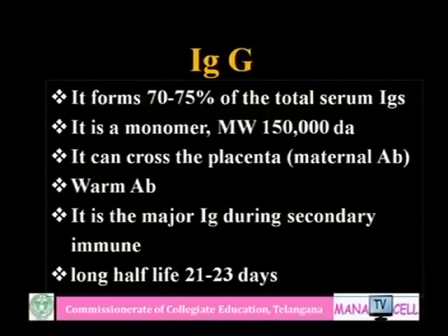The immune response is of 2 types, primary and secondary. In the primary immune response, during the initial infection, only some antibodies such as IgM are produced, whereas after later infections, after 21 days or 30 days, in the secondary immune response, IgG is produced.